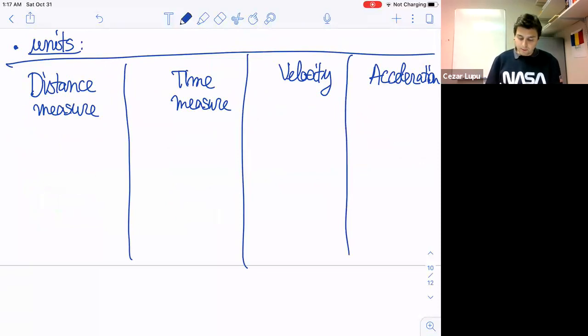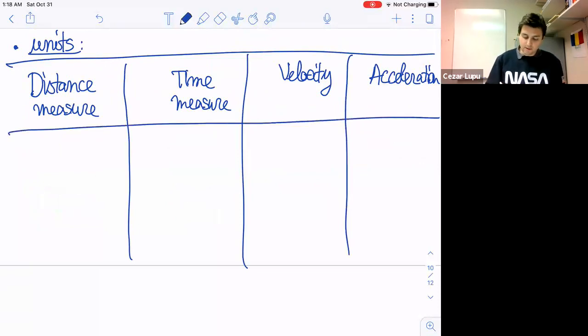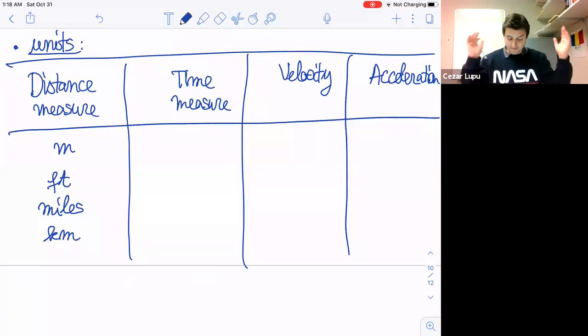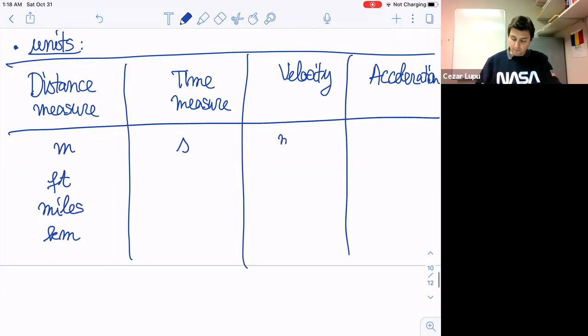So we measure the distance in meters, feet, for example, or miles. In Europe, we don't use miles, we actually use kilometers. I usually get confused when somebody asks me how many miles is this many kilometers. Anyway, if you measure in meters per second, the velocity is m over s, and the acceleration is meters per second squared.